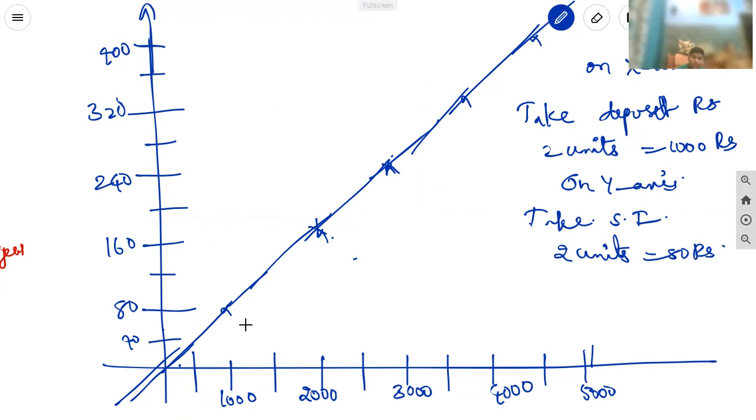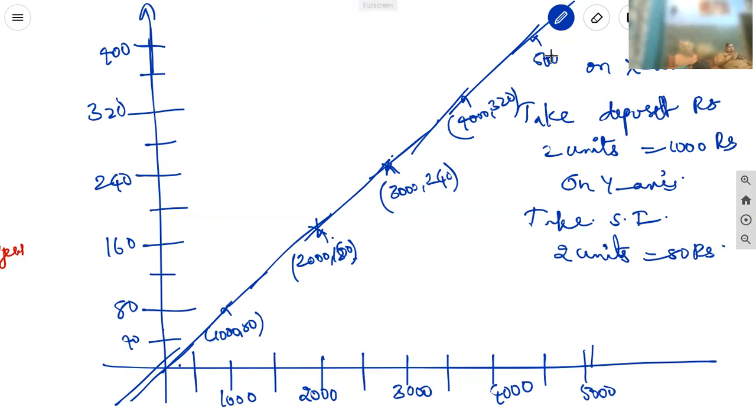Now it is 1000, 80; 2000, 160; 3000, 240; 4000, 320; 5000, 400.